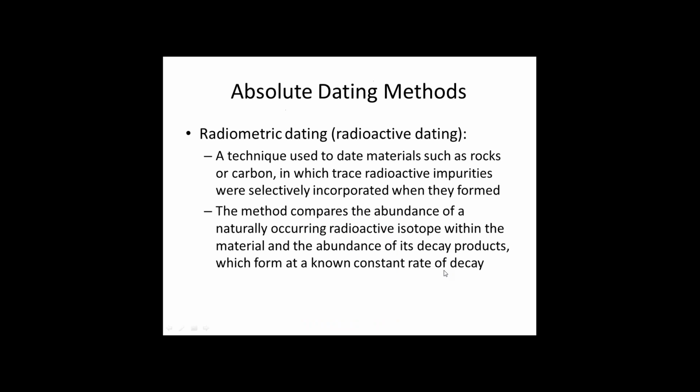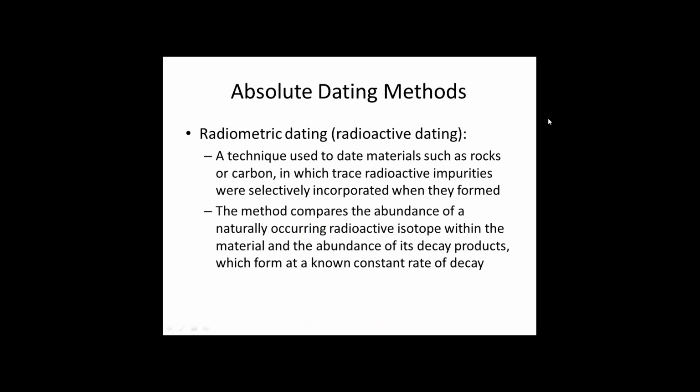Okay. So now we're going to be talking about absolute dating methods. One method that we are definitely going to be talking about is radiometric dating, also known as radioactive dating. This is a technique used to date materials such as rocks or carbon in which trace radioactive impurities were selectively incorporated when they formed.